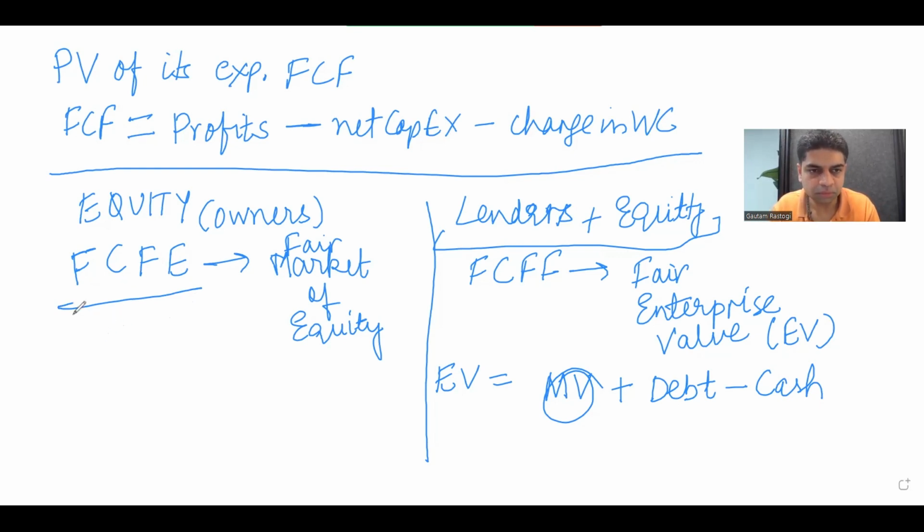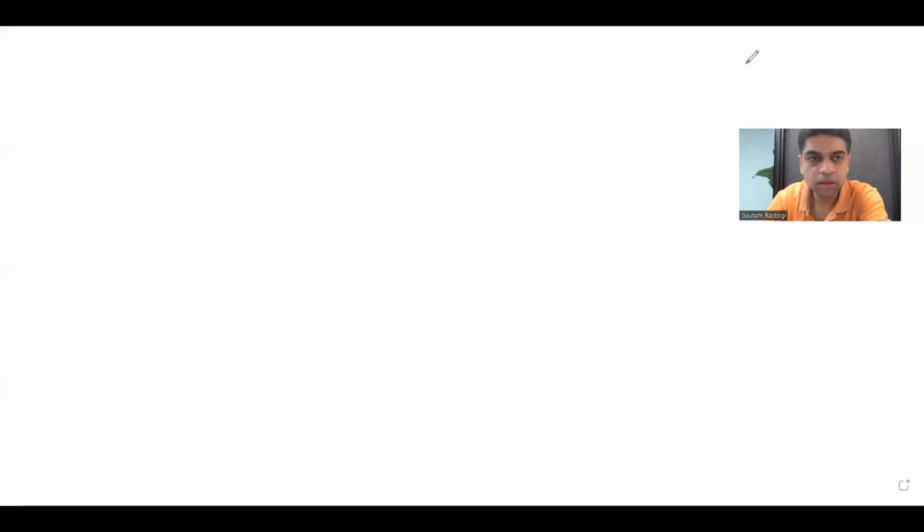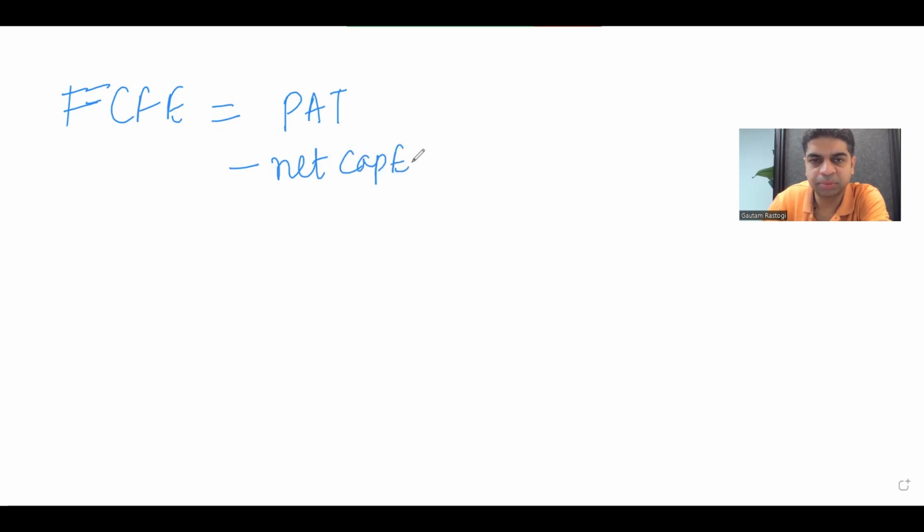Now let's double click on free cash flow to equity. So for free cash flow to equity holders, you start off with profit after tax. From that, you net out net capital expenditures. You also net out change in working capital or short-term liquidity.